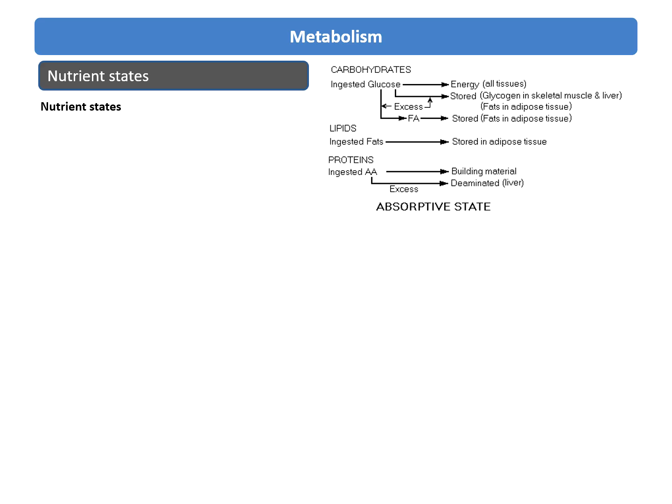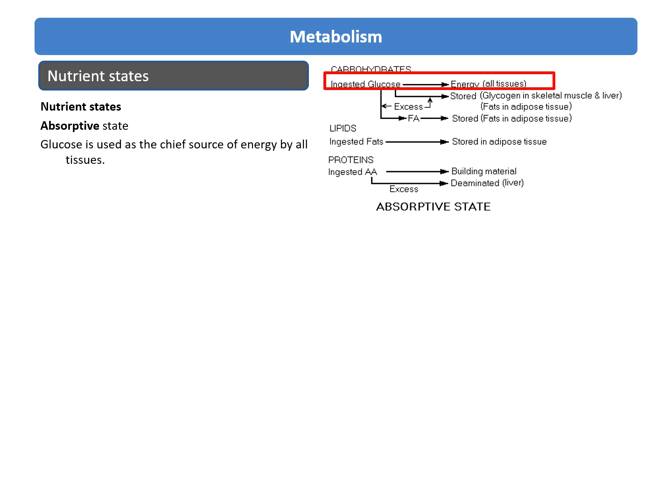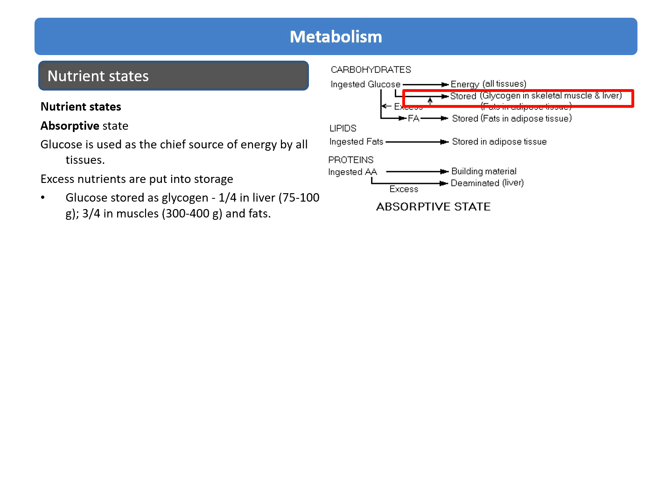The nutrient states involve, as we said, the absorptive state. In the absorptive state, glucose is used as the chief source of energy by all tissues. Excess nutrients, as we said, are put into storage. The glucose is stored as glycogen.